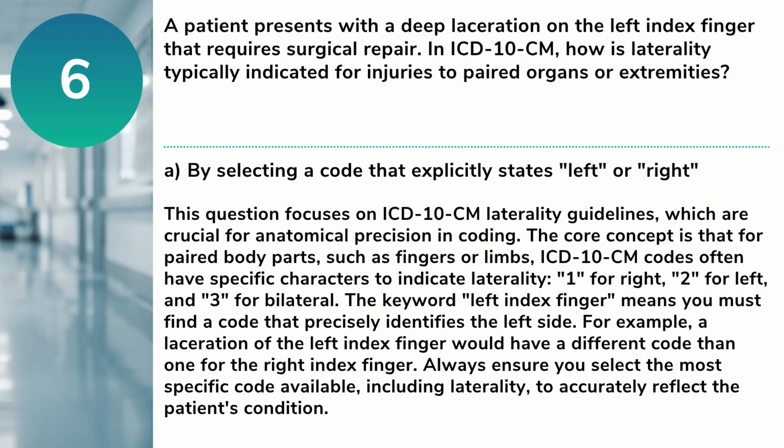The keyword left index finger means you must find a code that precisely identifies the left side. For example, a laceration of the left index finger would have a different code than one for the right index finger. Always ensure you select the most specific code available, including laterality, to accurately reflect the patient's condition.